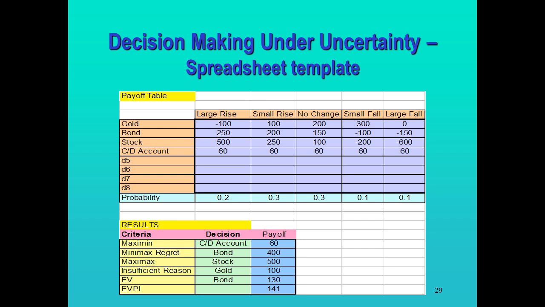State of nature 1, state of nature 2, state of nature 3. So let's say that is your payoff table. I want you to apply those 4 criteria to it.